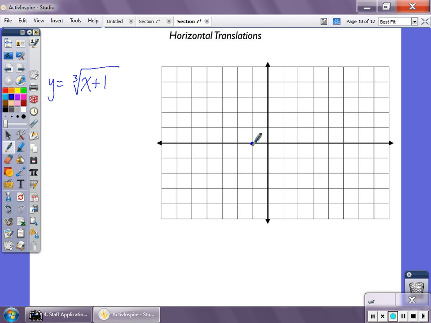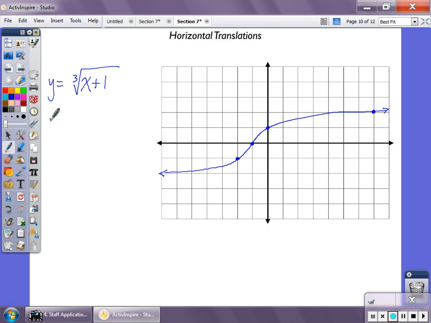And then from our anchor point, we go right 1, up 1, right 8, up 2, then left 1, down 1, left 8, down 2, but that's not going to be on my graph, so I don't plot that point. And so this is what we're looking like.